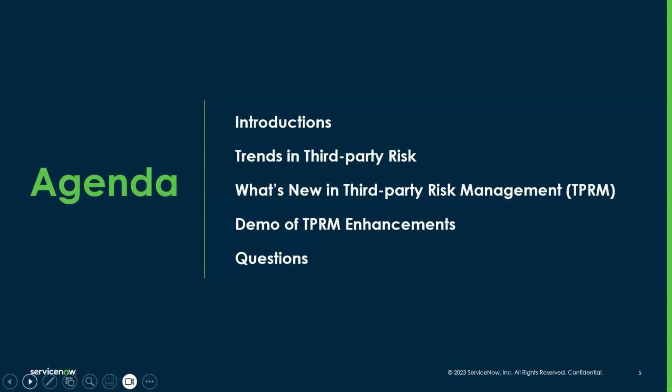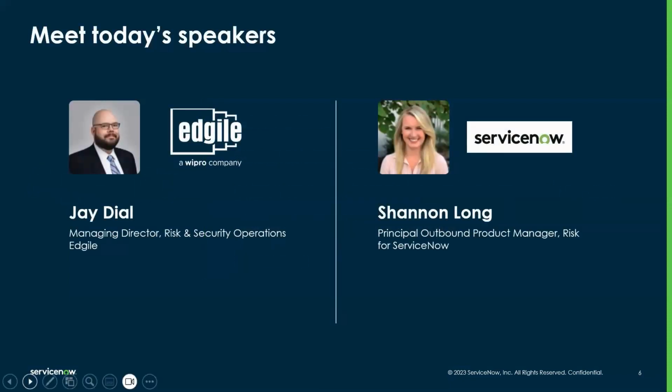As we get started, I would like to introduce you to Jay and Shannon. Jay Dials is the Managing Director of Agile, who delivers strategic cybersecurity risk management services to the Fortune 500 as an elite ServiceNow partner. In this role, Jay serves as a trusted advisor to CISOs within healthcare, financial services, energy, retail, and other industries by aligning security and risk to everyone's individual unique strategies, goals, and challenges.